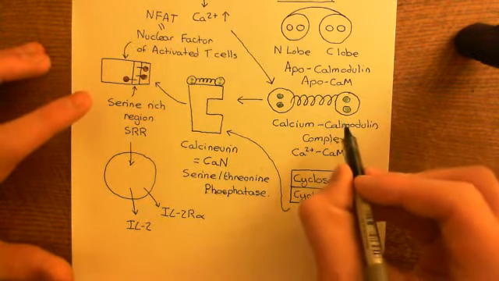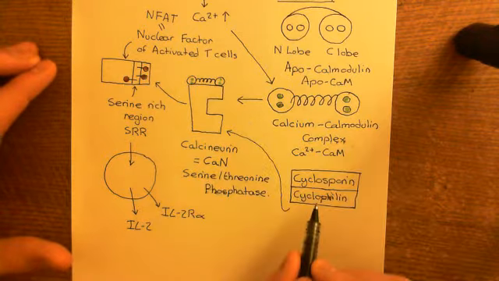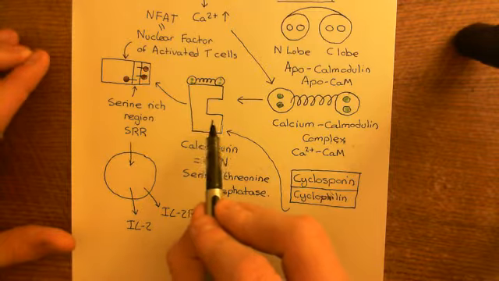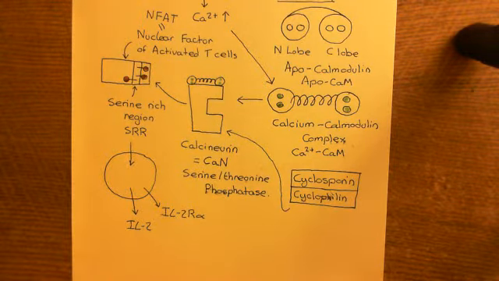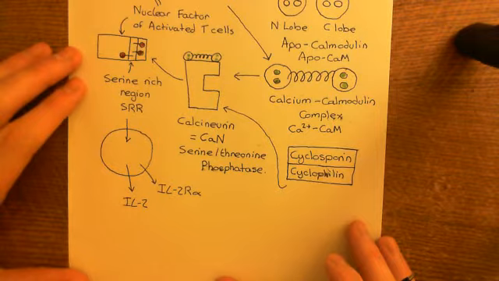So even if the calcium calmodulin complex binds to the calcineurin, if it's got this cyclosporine cyclophilin complex attached to it, it's not going to actually become active, and it's not going to remove those phosphate groups from the serine-rich region of the NFAT, and therefore the NFAT will not translocate from the cytoplasm to the nucleus, and you won't get the increase in expression of interleukin-2 and interleukin-2 receptor alpha. Okay, now let's discuss another drug that works in a very similar way and also works to inhibit calcineurin.